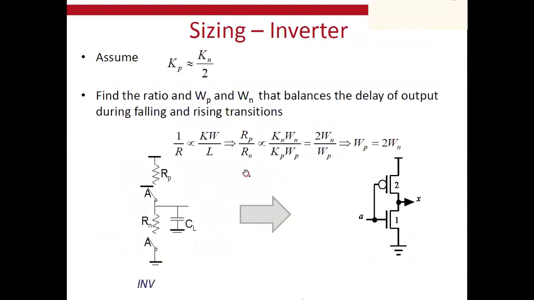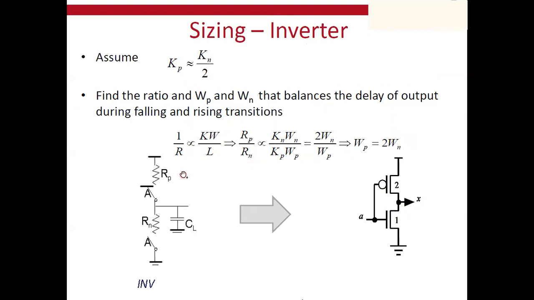And as you can see here, for example, you can have this ratio equal to 2 to 1. So 2 for the PMOS and 1 for the NMOS. And here you can see this relation of Kn and WN over Kp and WP, the ratio between WN and WP, as you can see.